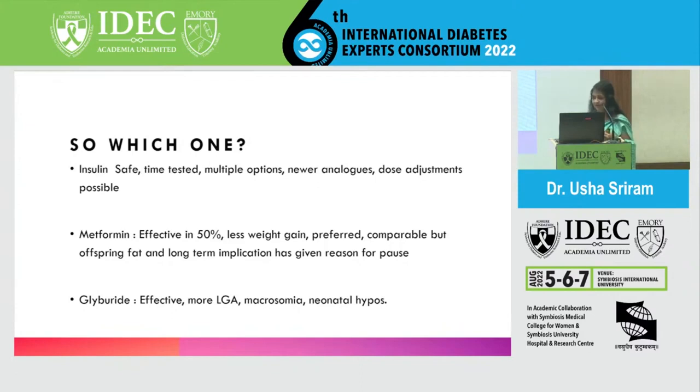And glyburide definitely is now going off the whole thing, because though it's effective, there are more large for gestational age babies, more macrosomia, and more neonatal hypos. So if you had to choose, though most people easily use metformin, really we should use insulin. And in those who cannot or will not use insulin, go to metformin, and then try to stay away from glyburide.